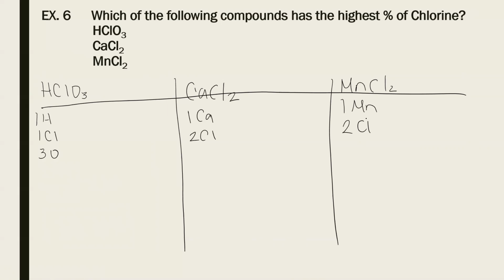Also watch that you're using the correct element. Don't mix it up. Okay, H, Cl, and O. Like I said, if you want to do equals right there, go for it.